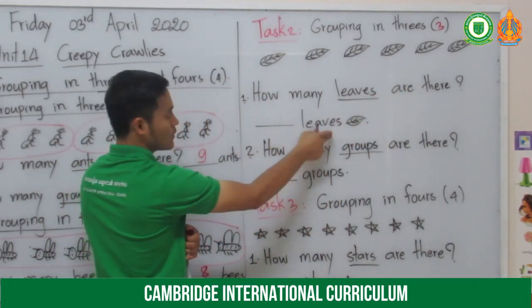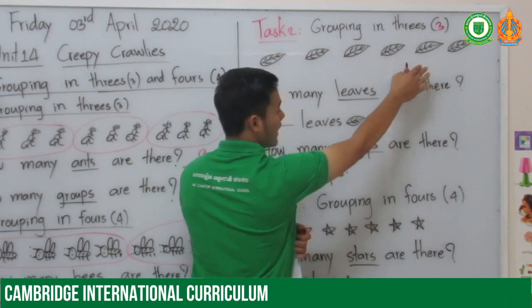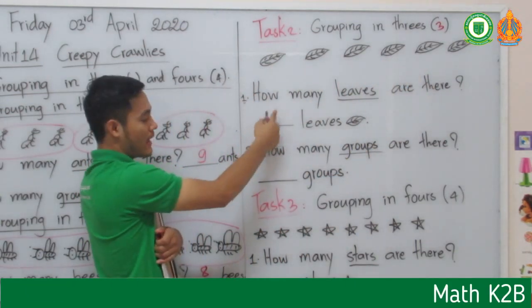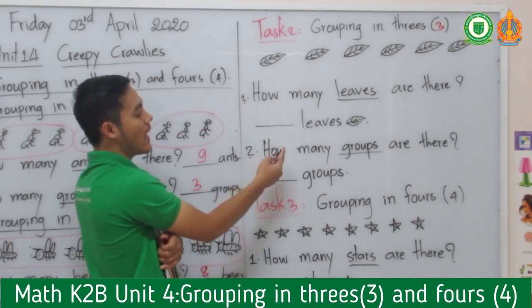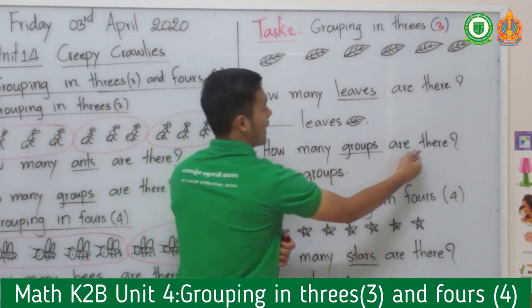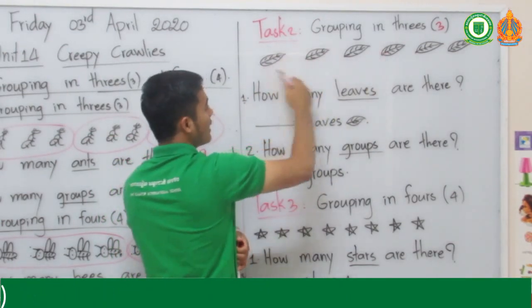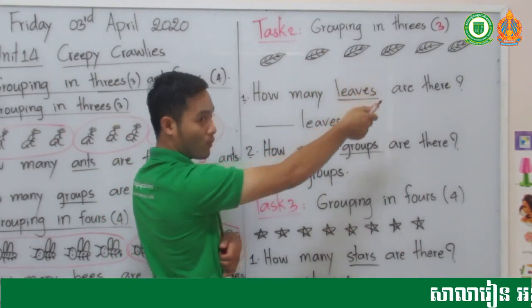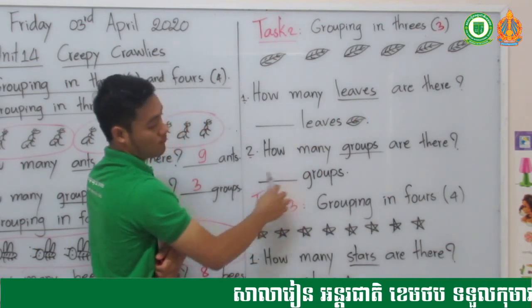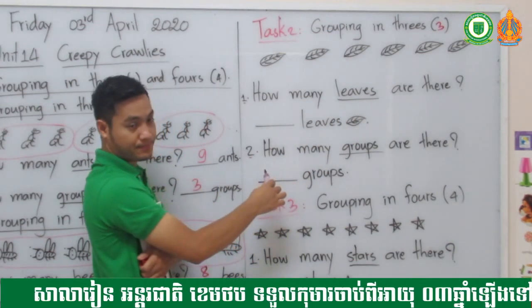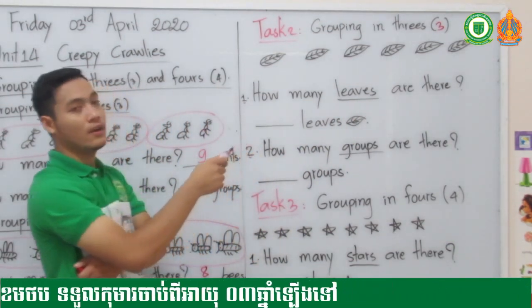You need to count the leaves and then complete here. And question number 2 of task 2 is how many groups are there? Then you start grouping it into 3, count the groups, and complete the answer over here. Okay, that's all for task 2.